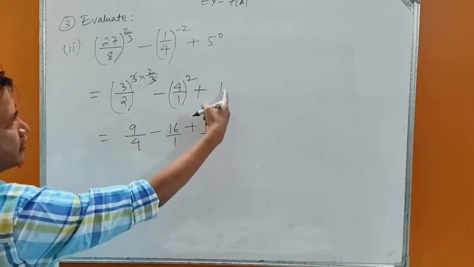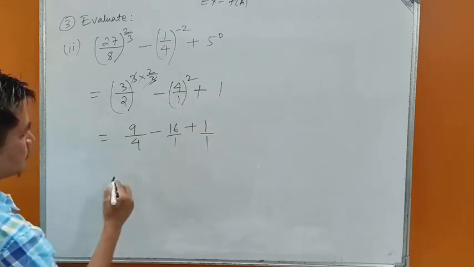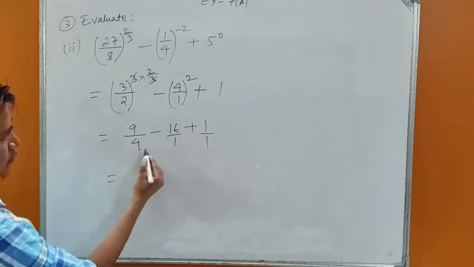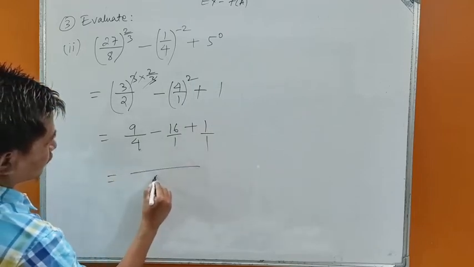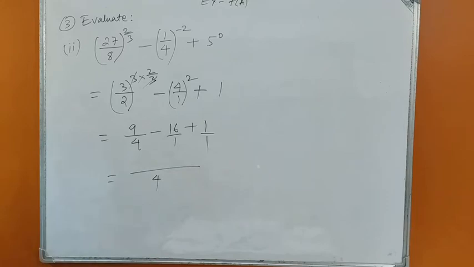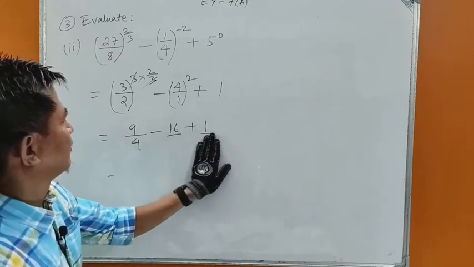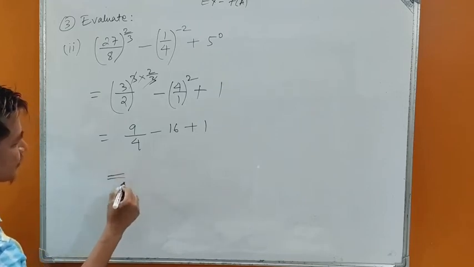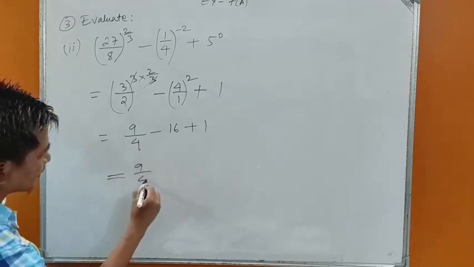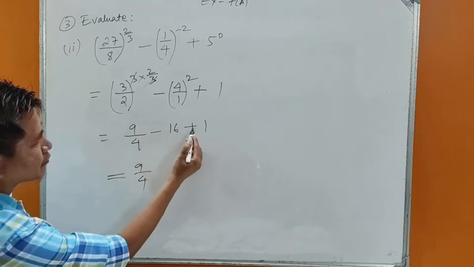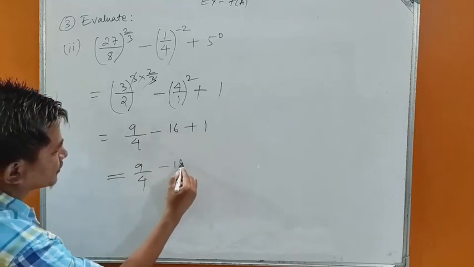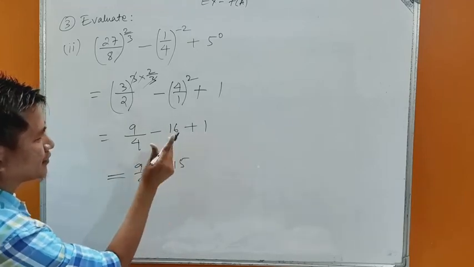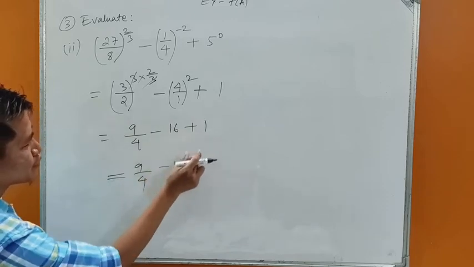So 1 we have already here. 1 upon 1. Let's take the LCM of 4, 1, 1. The LCM will be 4. I'll take the LCM later. Right now let's copy this 9 by 4 as it is. Minus 16 plus 1 is minus 15, isn't it? Minus 16 plus 1, opposite sign, minus 15.